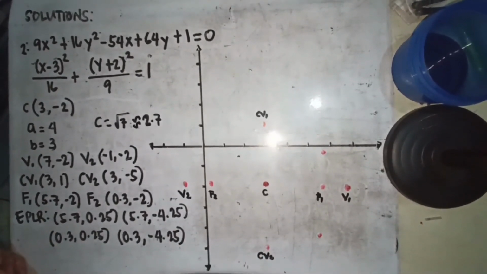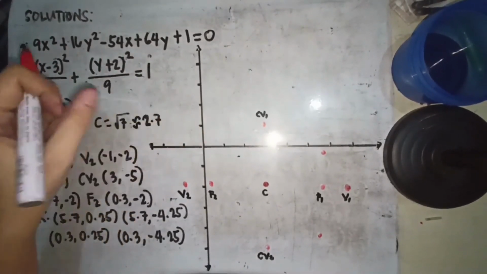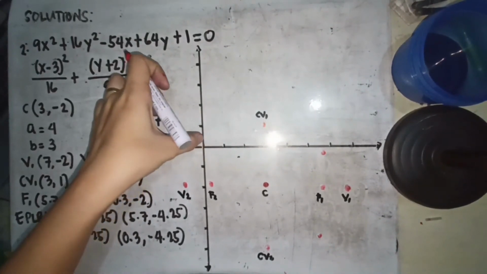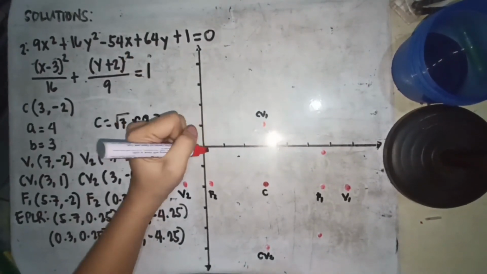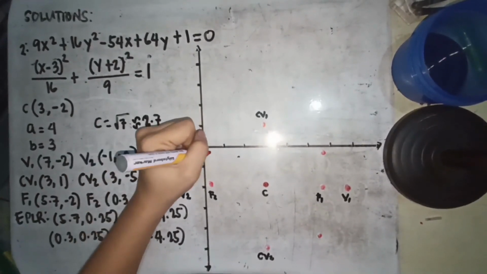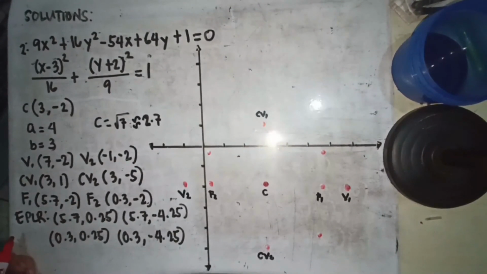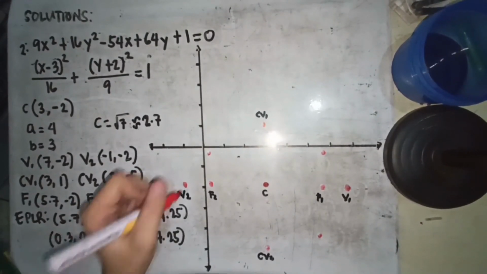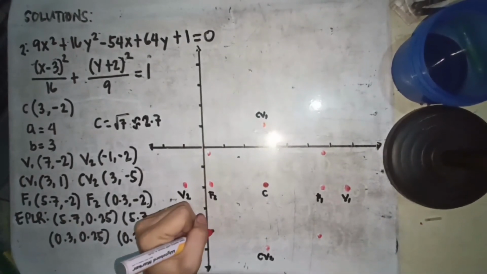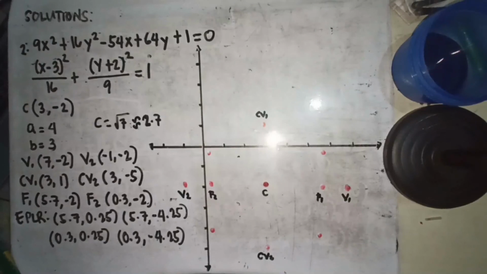And we also have 0.3 and 0.25. So 0.3 is almost 0, and then 0.25 is also almost 0. So approximately here. We also have 0.3 and negative 4.25. So 1, 2, 3, 4.25, slightly past. Here. Okay, so these are the points of our ellipse.